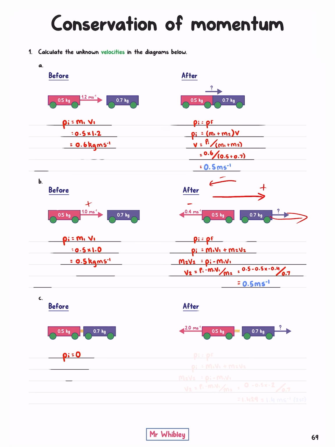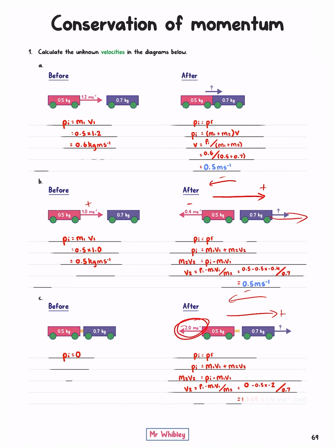Assuming conservation of momentum, our initial momentum must equal our final, where our final momentum is just the sum of the mass times velocities of our carts. v2 is what we're trying to find, so we can solve for that by first subtracting m1 v1 from both sides, and then dividing by m2. Once again, we decide that this direction is positive and this direction is negative, which means our 2 meters per second is negative. Putting those numbers in gives me 1.429, or 1.4 meters per second to two significant figures.